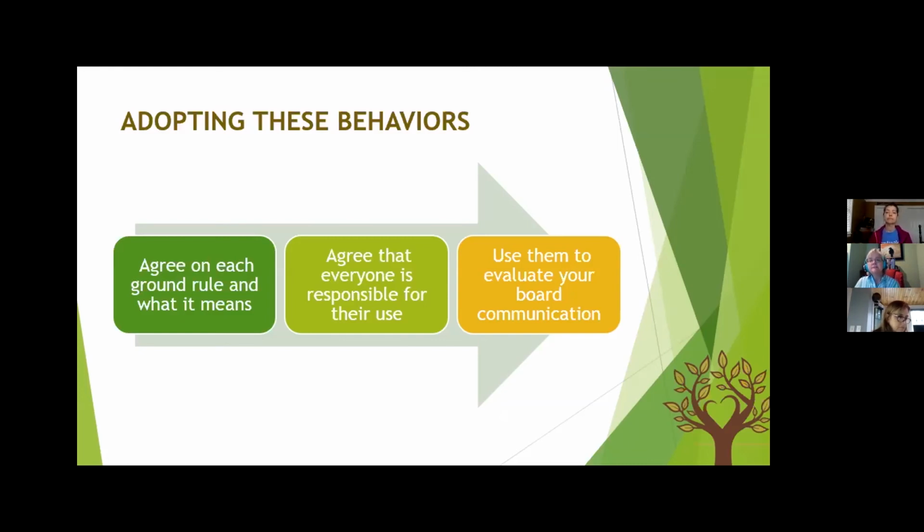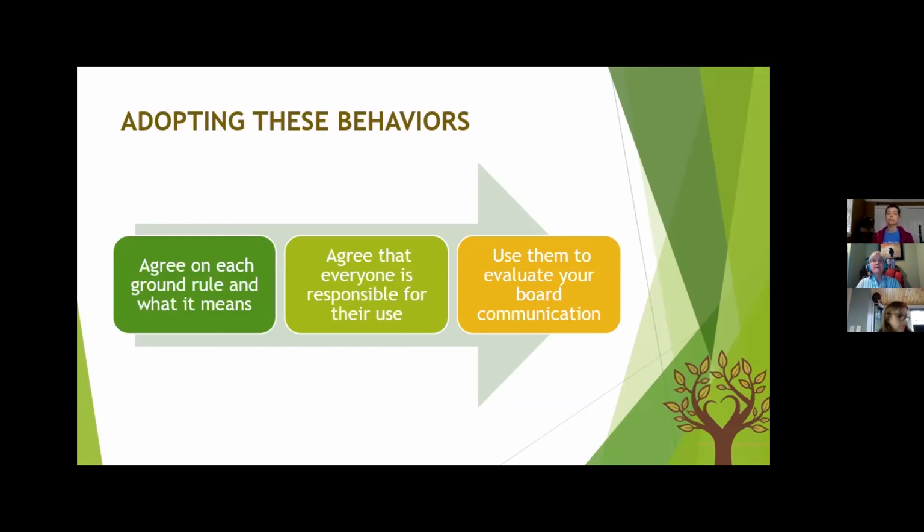And then second, because the board works as a team, rather than having one individual who is responsible for all of this, there should be some conversation about what it means for everybody to be responsible for the use of these ground rules.